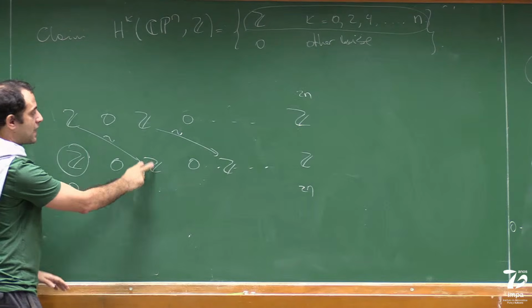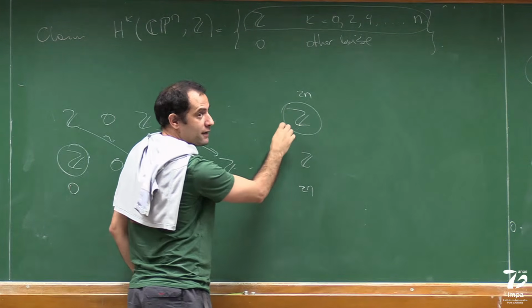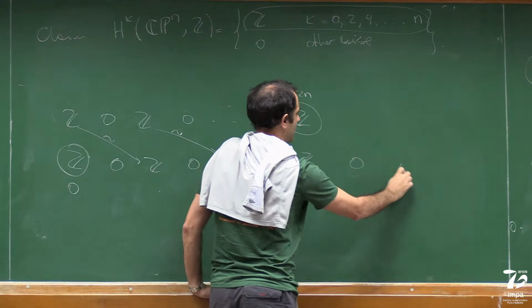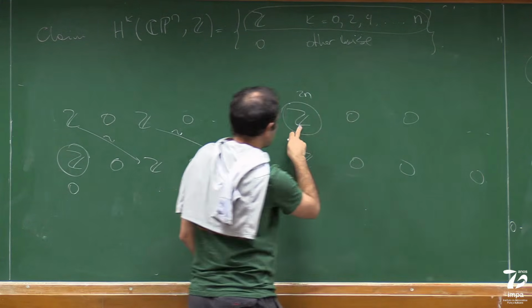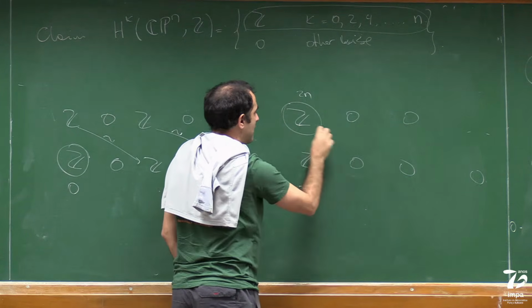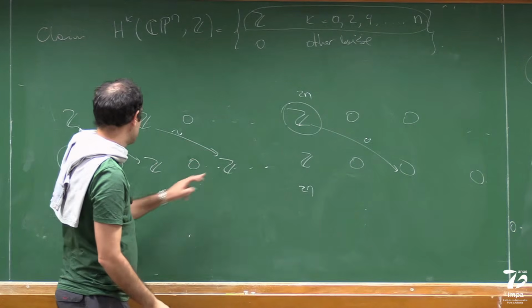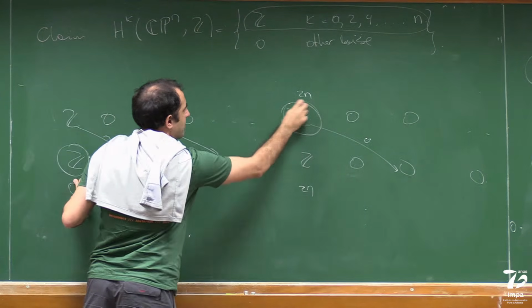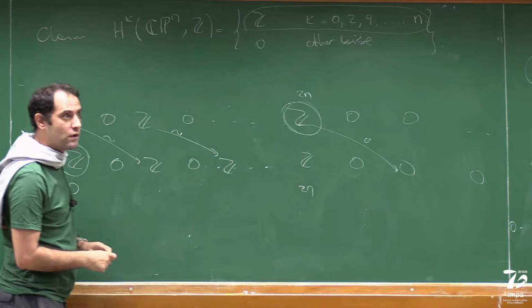This gets killed to each other. This kills this. Everything gets killed except this guy that survives, and then everything is 0. And this one survives because if I had a Z here, this wouldn't survive if this was a non-trivial map. But this map here is 0, so that's why this guy survives. So the only two things that survive in the total complex are this and this that are the two homologies of S2n plus 1.